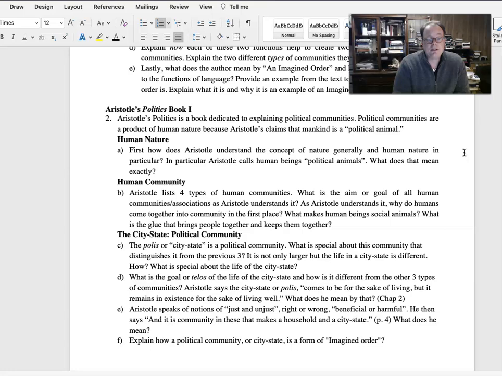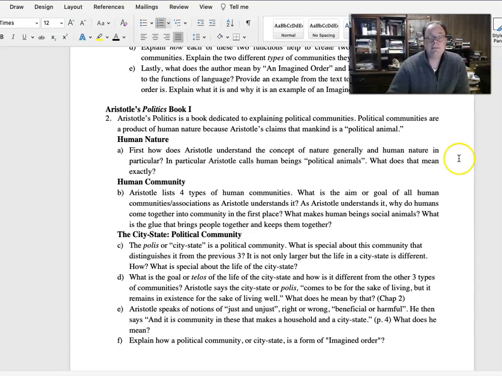Political communities are a product of human nature because Aristotle claims that mankind is a political animal, right? So our human nature, our very nature is political, which is why, for example, we live in political communities. And partly what you're going to have to answer here is exactly what is a political community and what does it mean to be a political animal.